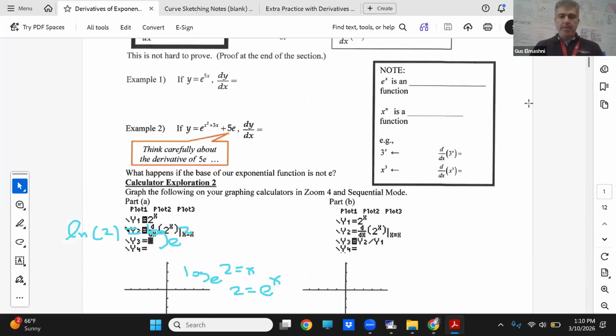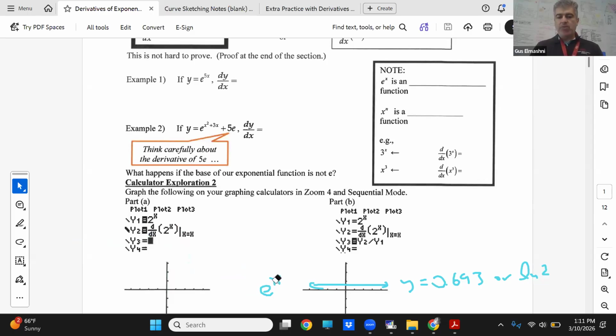So essentially what's happening is that the ratio between these two is actually more like this, or natural log of 2. When you compare the derivative to the original function, the derivative has one little extra thing, that natural log. So this right here is 2 to the x times natural log of 2.